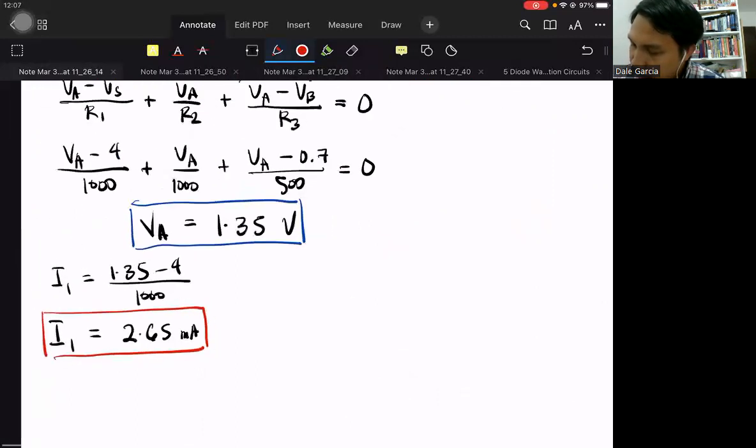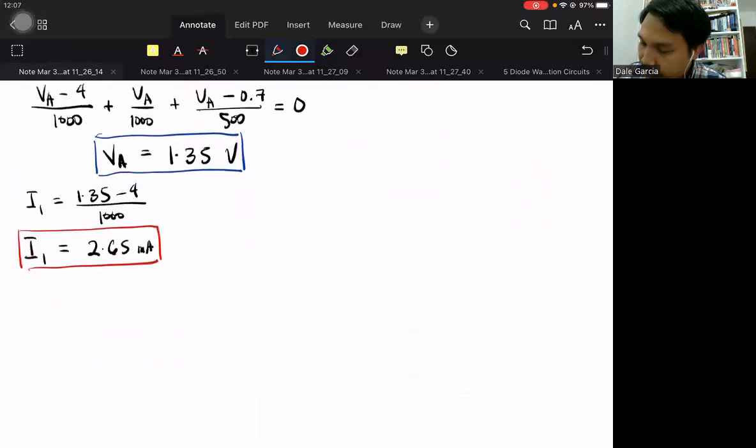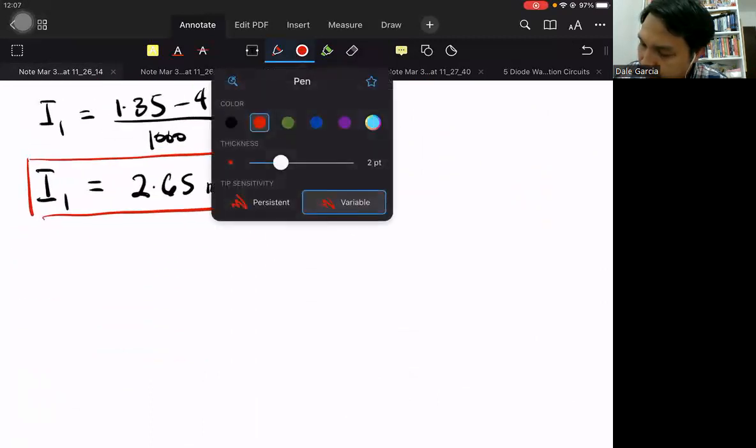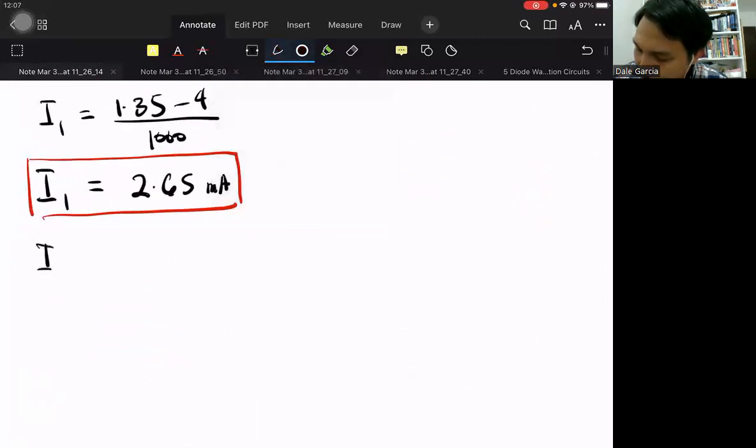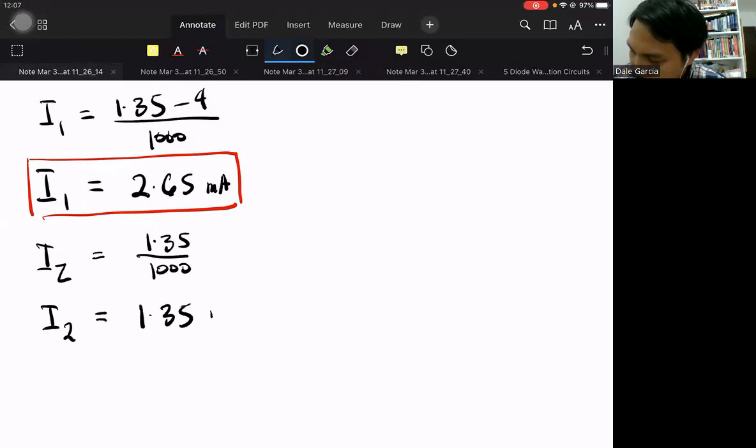Next, I2 is VA over R2, which is 1.35 milliamperes.